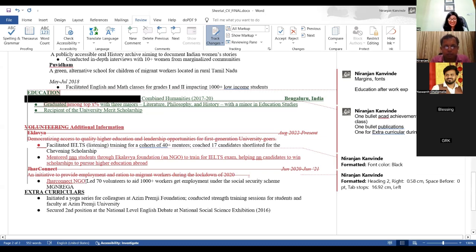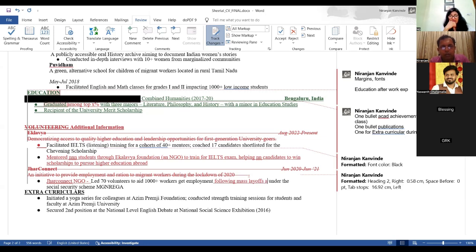So here you say led volunteers to get employment during COVID, following the mass COVID lockdown.